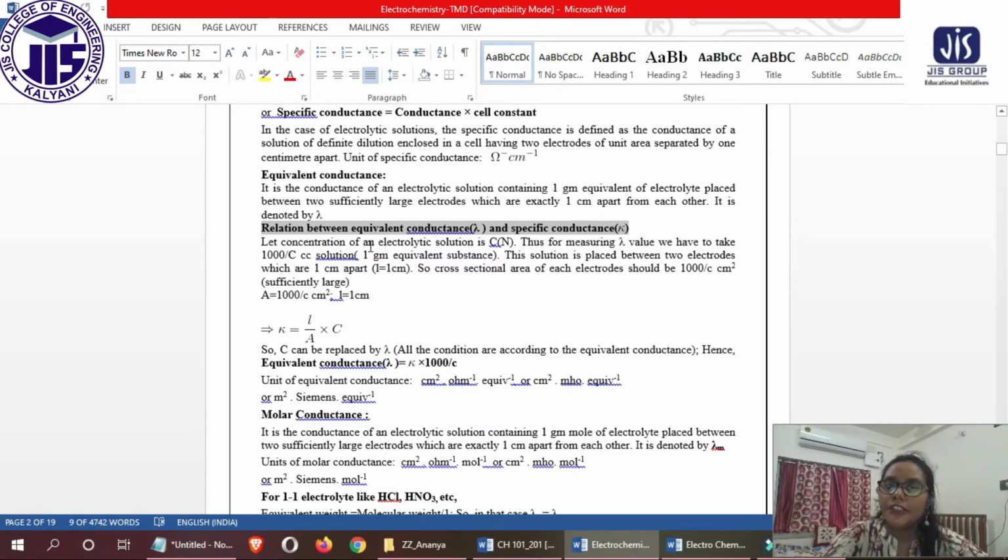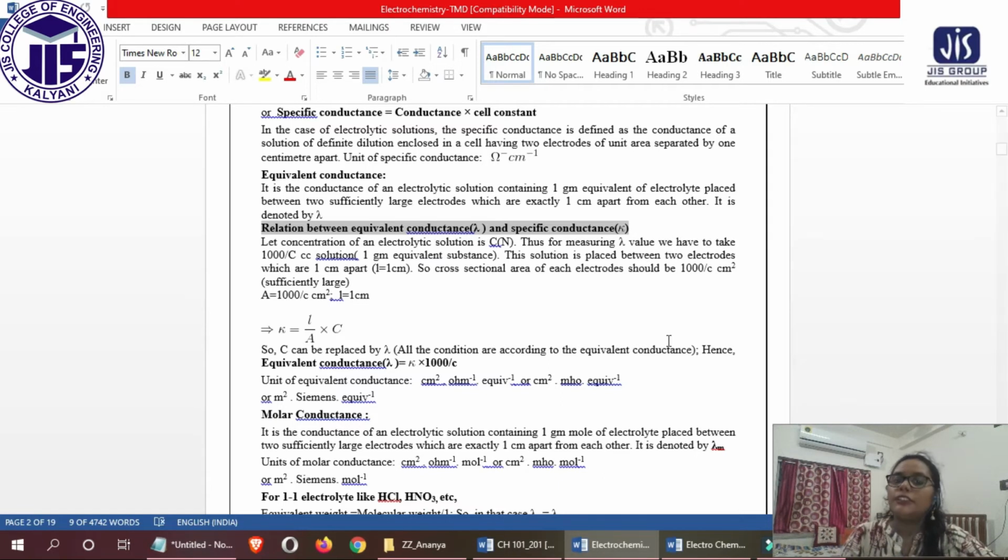Let the concentration of an electrolytic solution be C normal. For measuring the lambda value, we have to take 1000 by C cc of solution, where 1 gram equivalent of substance is present. This solution is placed between two electrodes which are 1 centimeter apart.